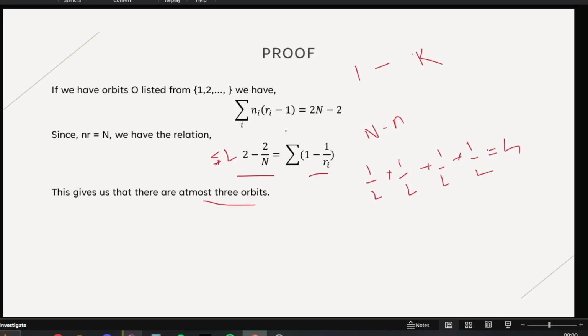So this side is strictly less than 2, and each term will constitute at least 1 by 2. So we can have at most 3 orbits.